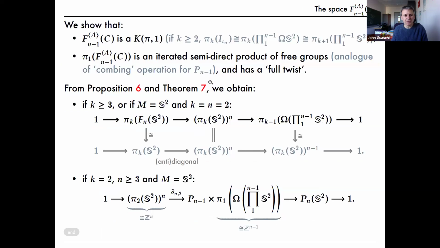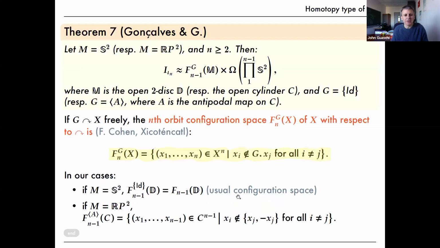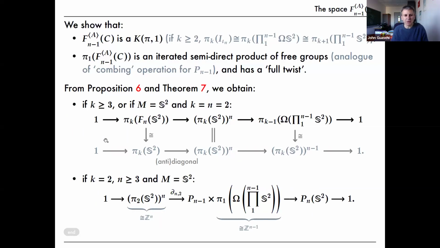So this gives us, up to isomorphism, when you take the long exact sequence in homotopy that we have here, you get this, and it turns out that the sequence becomes short exact, and then up to isomorphism, you can identify each of these groups with something that's well known.